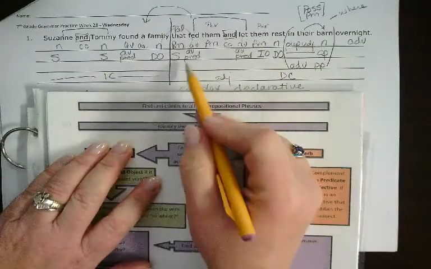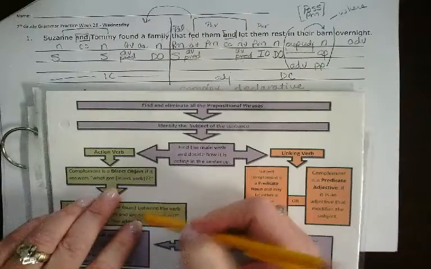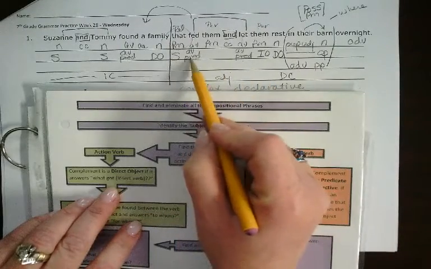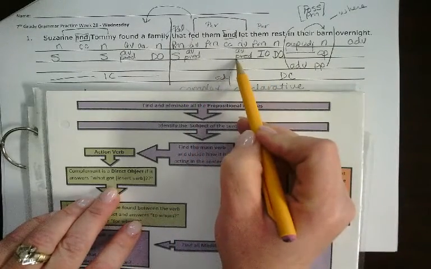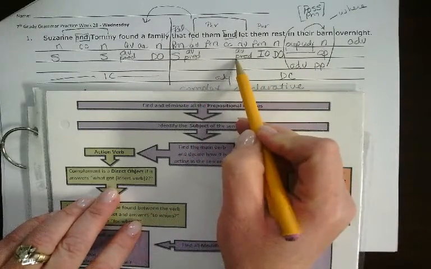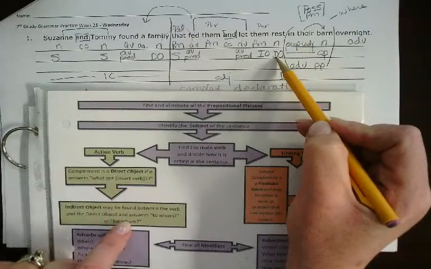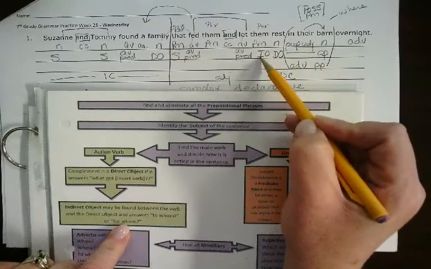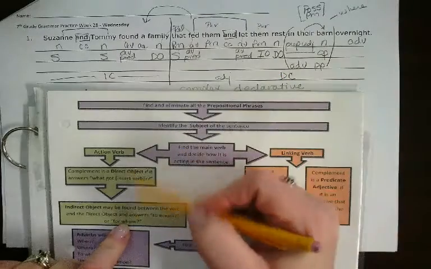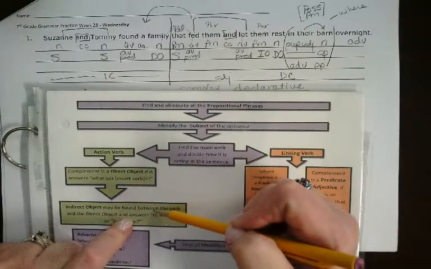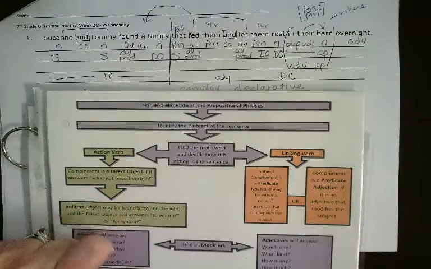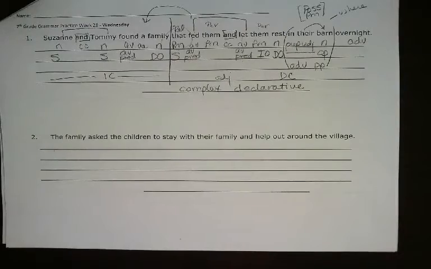Find the subject, we found it, fed and let, and we are doing the action verb side of it. So once you find that fed and let, you have to answer let what? It let them rest is the direct object, and who got to rest, or whom got to rest, is your indirect object. So that's why you have this flow chart. You cannot have an indirect without a direct. Does that make sense? I hope so.